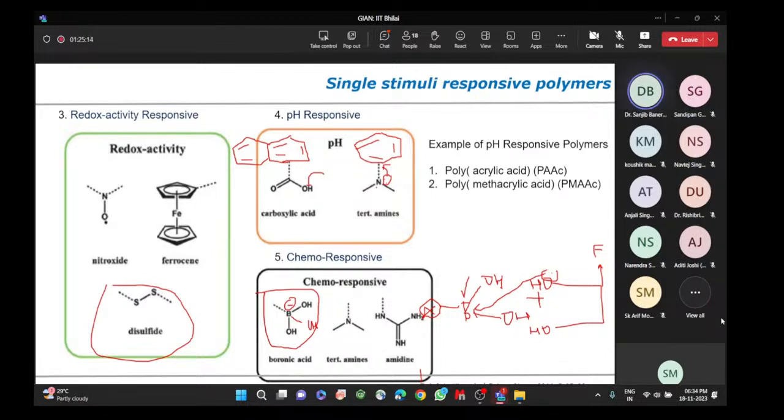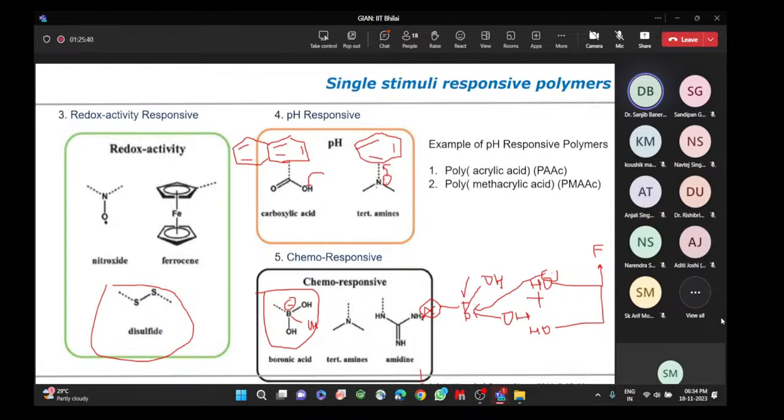Okay, so let me explain. Any carboxylic acid at low pH generally exists majorly as its dimer. When you go to high pH, it becomes the carboxylate anion. So what do you need to form a hydrogen bond? To form a hydrogen bond, you need an electropositive center and an electronegative center.